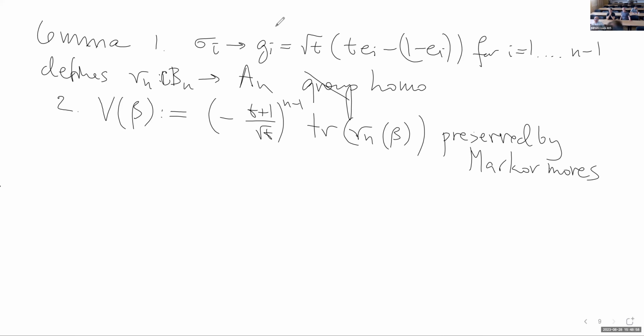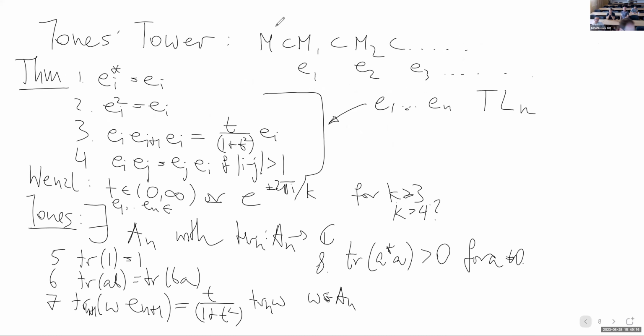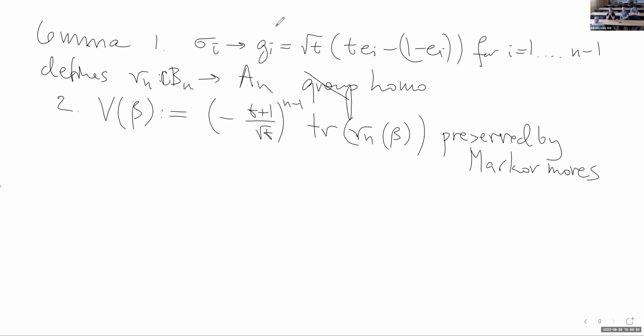So the Markov moves of course were 1 and 2. One of them was saying that we should be allowed to conjugate beta, but of course the trace will preserve that. And then we have the stabilization move when you add an extra sigma_n, and as Tomek said, this is the amazing property which makes it work. So once you observe this, the proof of this part is very easy.